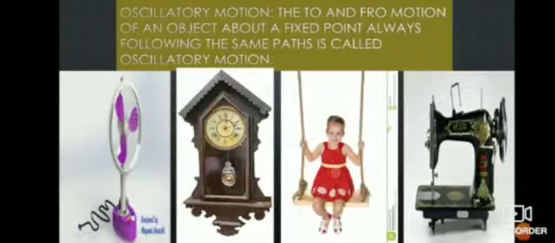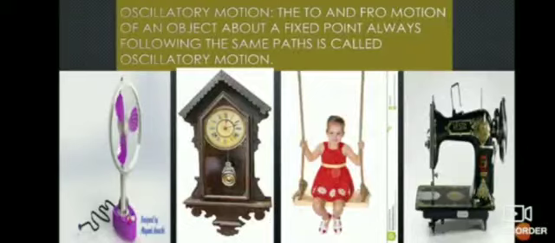Now, if we critically examine these pictures, we understand that in each case the objects move backwards and forwards, or upward and downward, or on either side of a fixed point or a line.